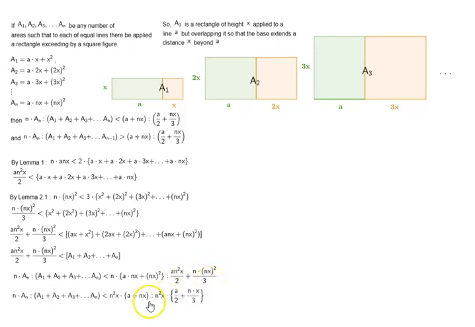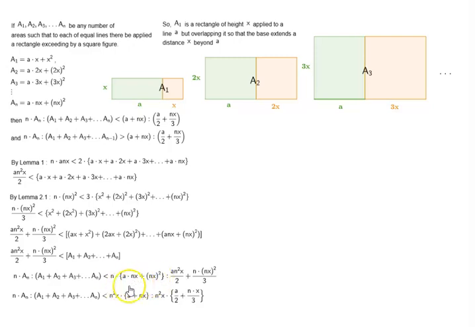Now here what we do is we take out n square x from both the terms here so that we have n square x times a by 2 plus nx by 3. Similarly here we have n common and x common.